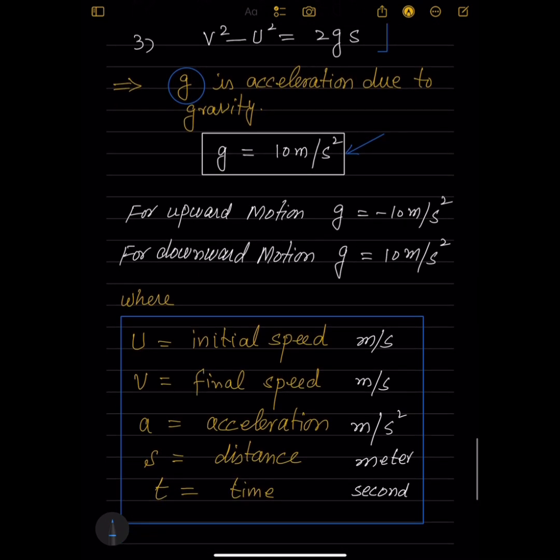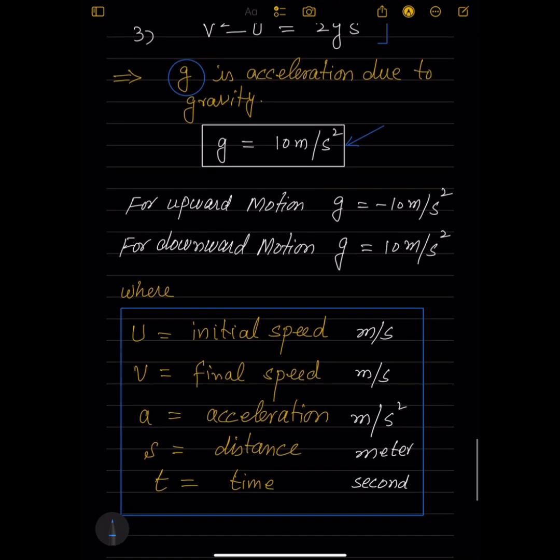Where in these three equations of motion, u represents the initial speed of the particle and its unit will be meter per second. V represents the final speed of the object or particle, its unit is meter per second.